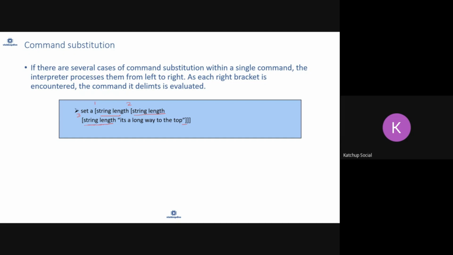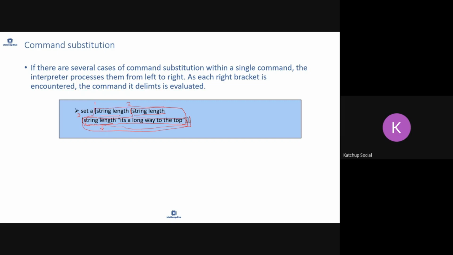As soon as I encounter a close bracket, I execute this function, which returns some value. Then it encounters another close bracket, so it executes this procedure or command. Then it encounters another close bracket, so it executes this command.